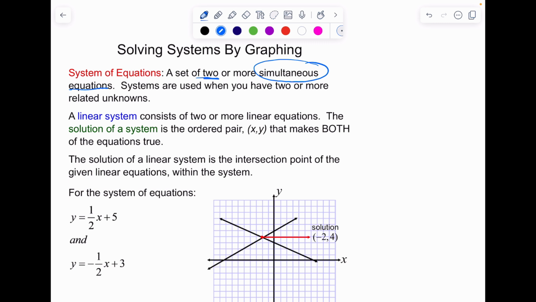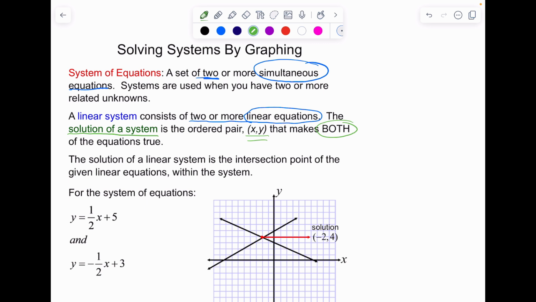Today we're learning how to solve systems of linear equations by graphing. A linear system consists of two or more linear equations. The solution of any linear system is the ordered pair (x, y) that makes both equations true.